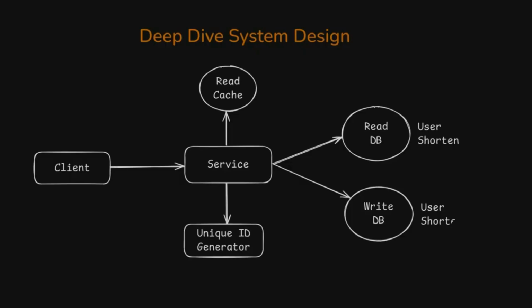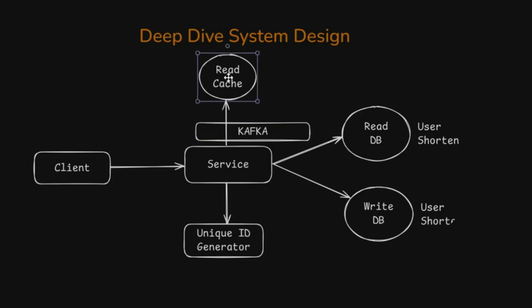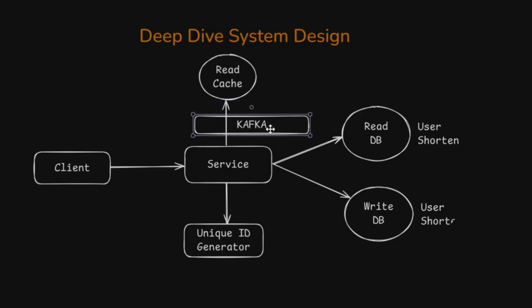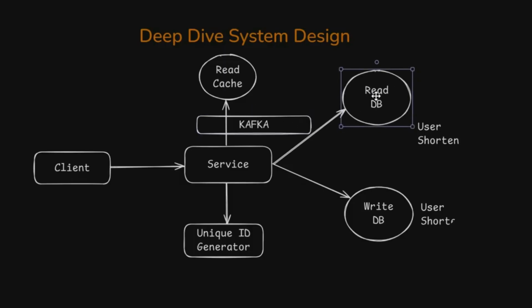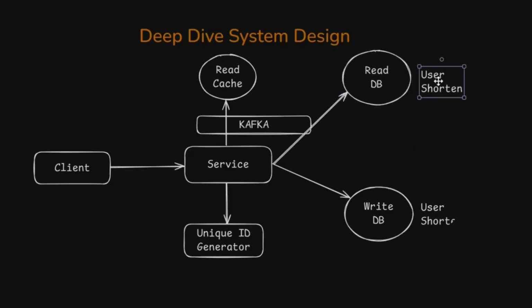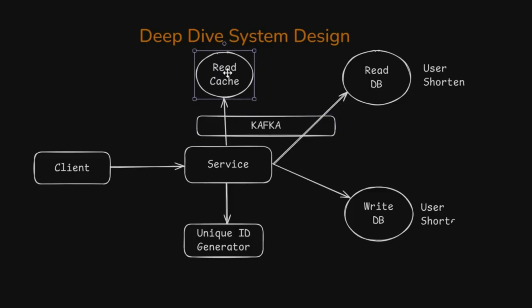Let's say we introduce a layer of a message broker, for example, Kafka here. We introduce a Kafka layer in between so that we do not have to write to these systems with strong consistency, and all these systems are eventually written with the use of Kafka. The same applies here: whenever writes are happening, we are just writing into Kafka and not actually writing to the database instance.